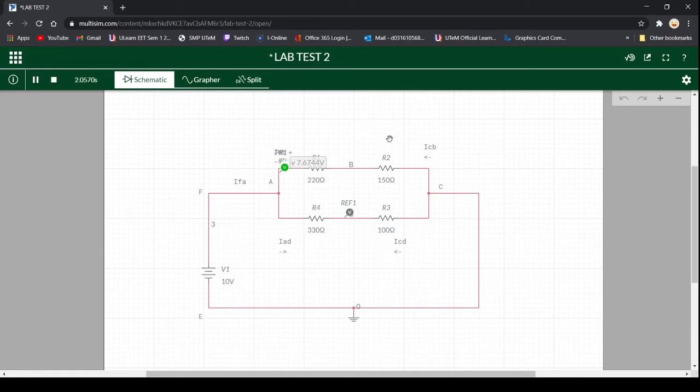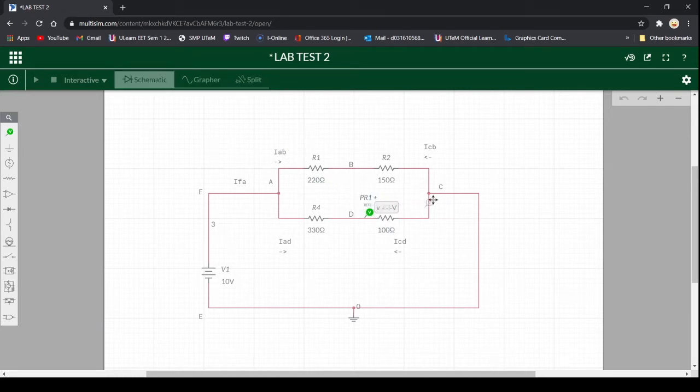Next for VDC, we get 2.325V. Next for VBD, put the main voltage probe here and reference point here.